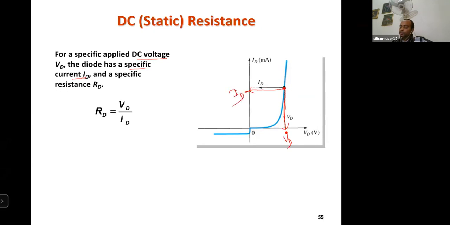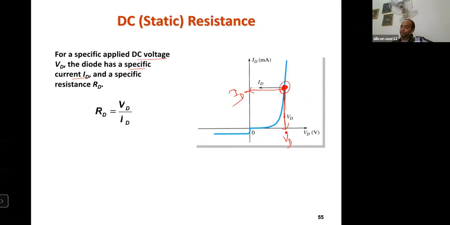That means for this corresponding point, how much is the VD and how much is the ID that you are finding out. Now you just divide them to find out your resistance.